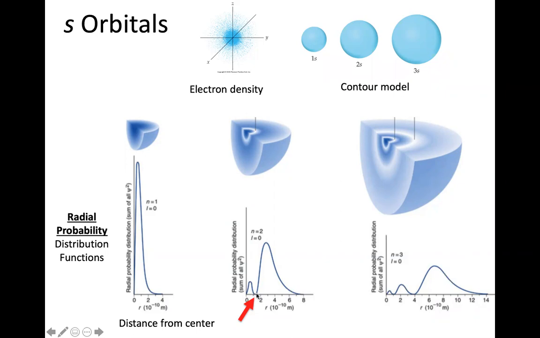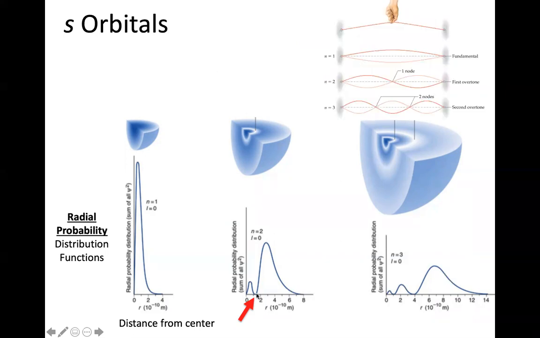That spot right there where it goes down to 0 is what's called a node. I want us to understand that term. A node, N-O-D-E. This is a radial node. Now, this idea of having nodes comes back to describing the electrons as having a wave-like behavior. If you take a string and have it vibrate, it can go up and down, up and down.